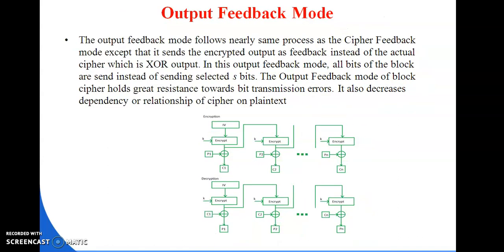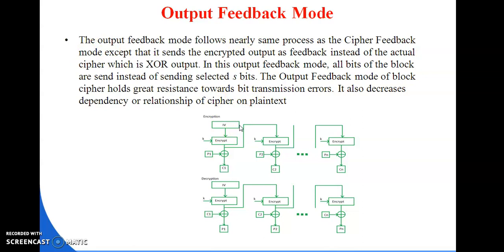Next is your output feedback mode, or OFB method. The output feedback mode is extremely similar to the CFB. The only difference is that in the case of CFB, the ciphertext is fed into the next stage of the encryption process.